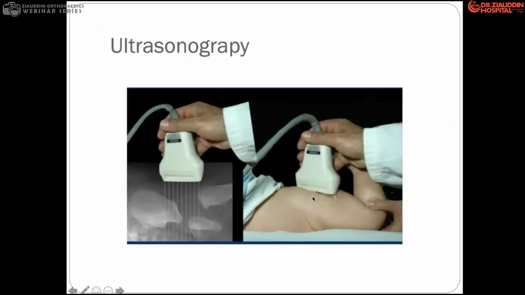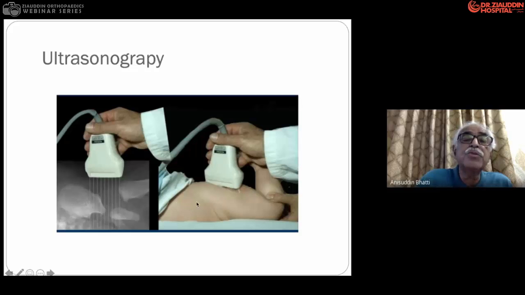So this is the type of ultrasonography and the position of the hip. Most of the time it is done this way, but some people go through the inguinal ligament as well. But this coronal plane imaging is very important. You can see here, relying on the supine position and a little bit of rotation, they place the probe vertically so that you can get a coronal plane ultrasonography of the hip joint.